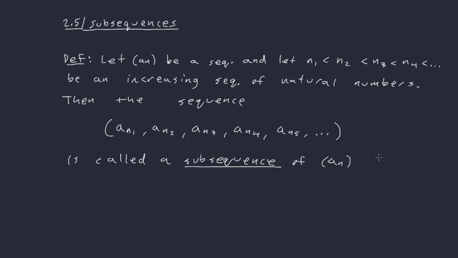okay, and it's denoted in this way, basically by A subscript n subscript k, okay, where k in the naturals indexes the subsequence.